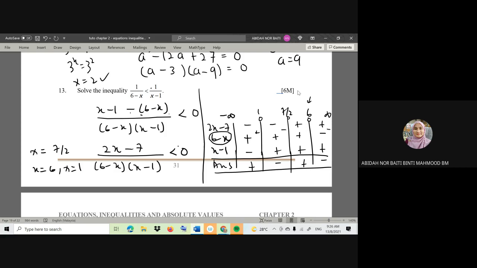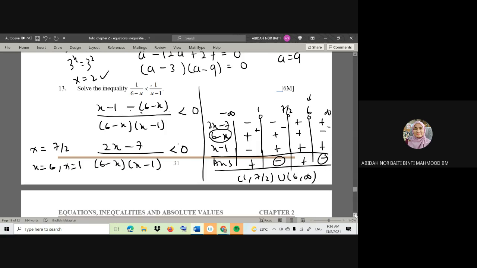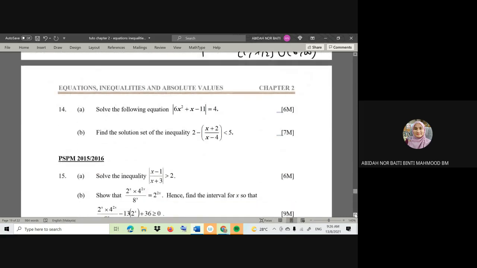So less zero yang ni ya. Boleh? Union 6 infinity. Ada soalan tak? Rational inequalities. For rational inequalities. Okay, number 14.